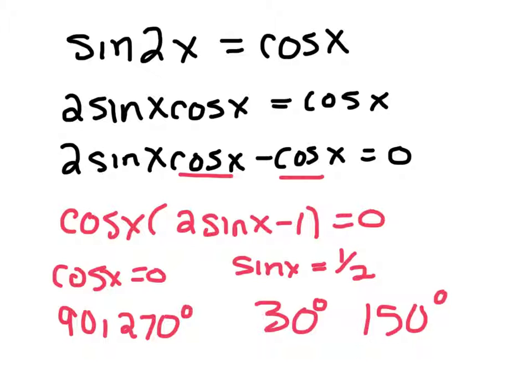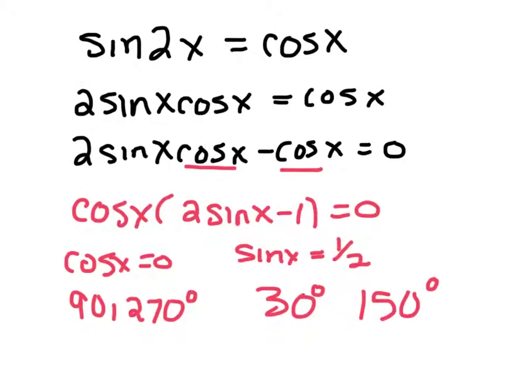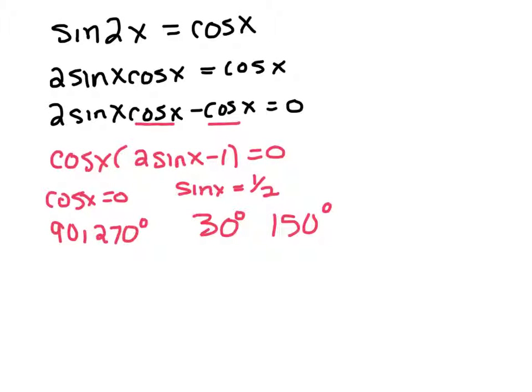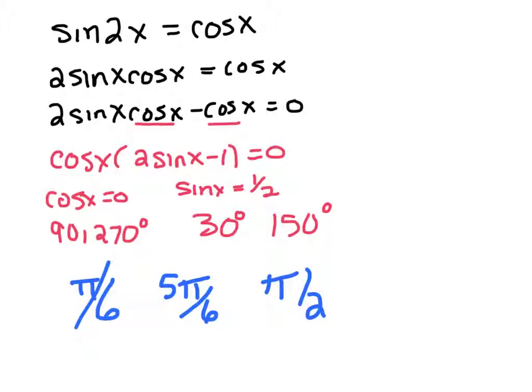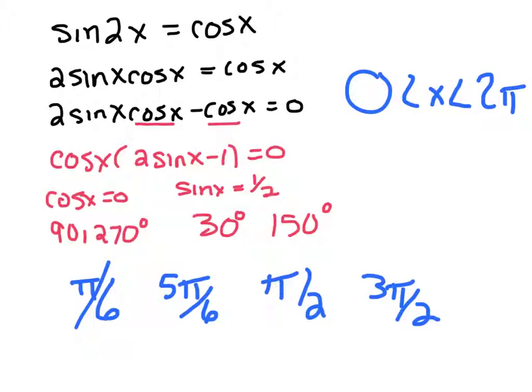And so if you were to be all good and make all of your answers in radians, your answer would look like this: pi over 6, 5 pi over 6, pi over 2, or 3 pi over 2. And that would just be if all your answers were between 0 and 2 pi. If they ask you to give all the answers, you'd have to bust that out and add the whole plus 2 pi k thing as well.